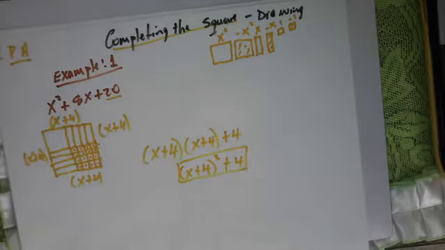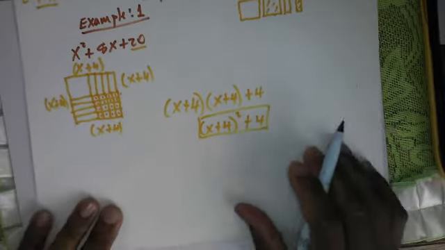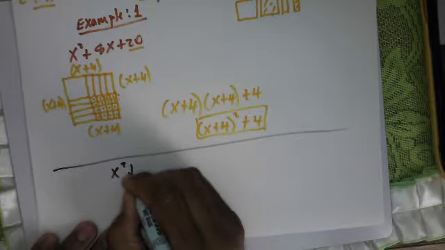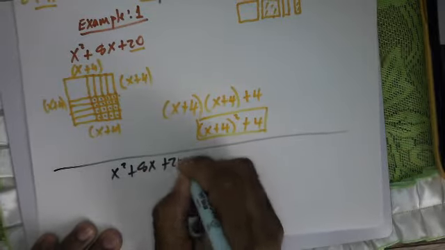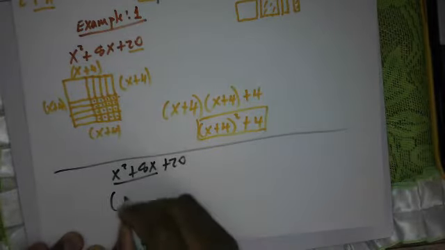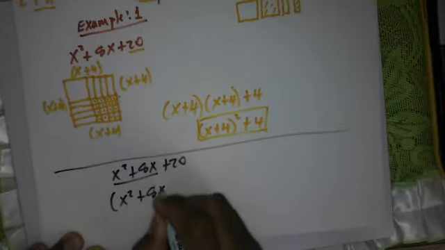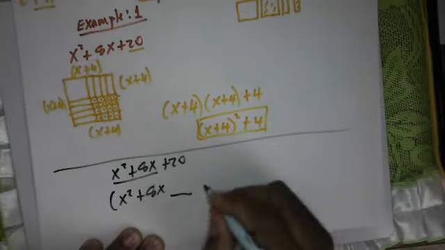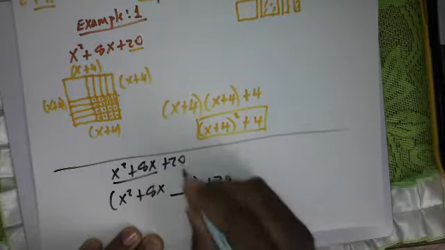Let's verify this now by calculation. If we have x squared plus 8x plus 20, this part I'm going to put in parentheses: x squared plus 8x, with a space for the amount I need to complete the square, plus my 20 here.